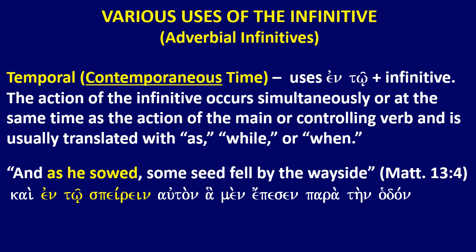When did that happen? Well, it tells us that as he sowed, or while he sowed, or when he sowed. In other words, at the same time that he sowed, the seed was falling by the wayside. And so here you have, in the word speirein, a present active infinitive of speiro.